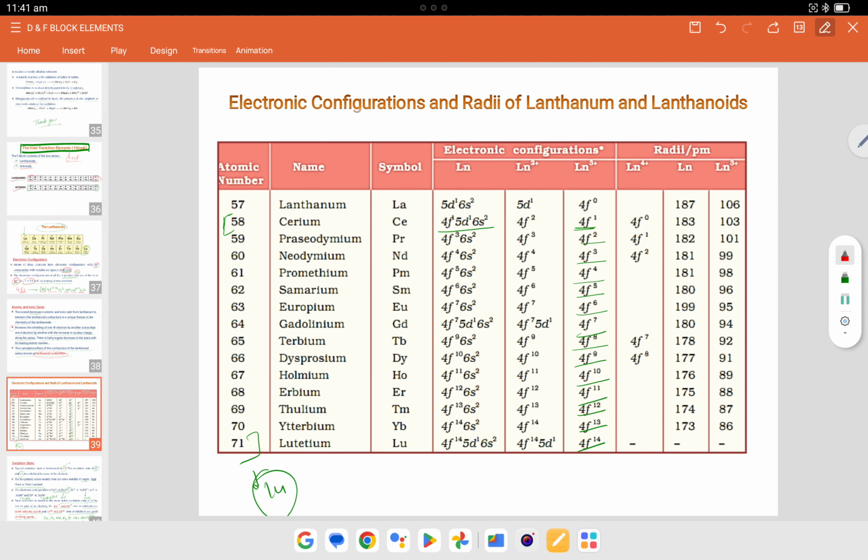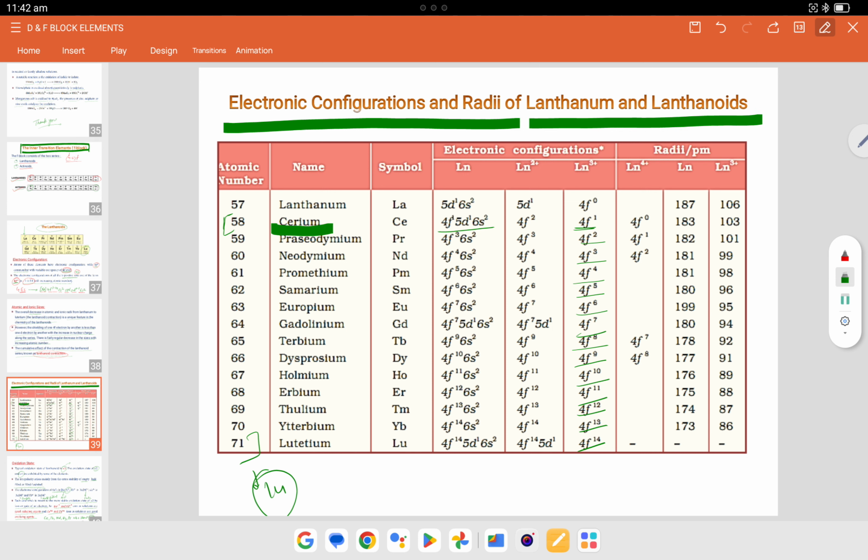So it's a kind of theoretical chapter, that's why it's a little bit boring also. Electronic configuration and radii of lanthanum and the lanthanoids. Check it once, children. Here cerium is 4f1, 5d1, 6s2.